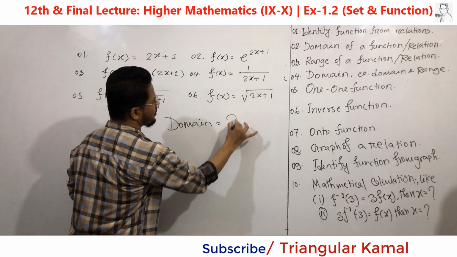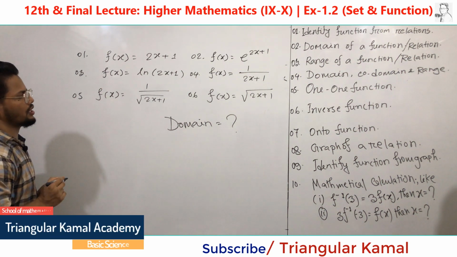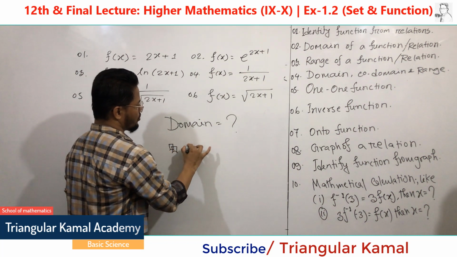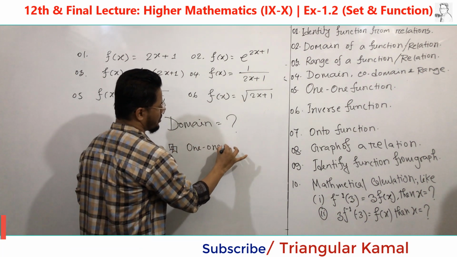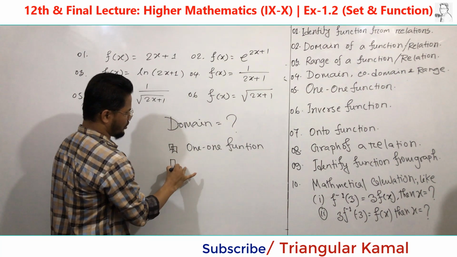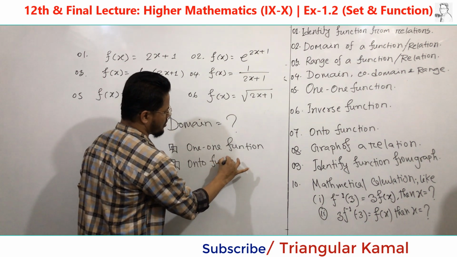Domain equals to what? That is the first requirement. The second requirement: number 1, one-one function. Number 2, onto function.